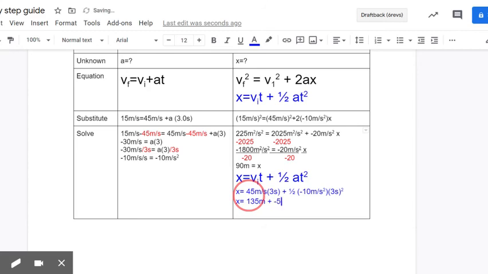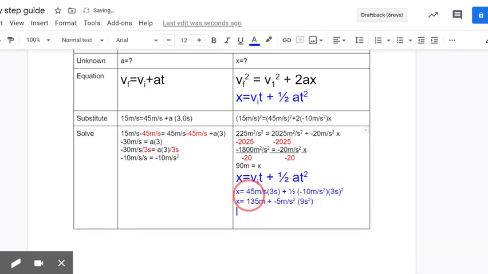But let's show those steps. I did the half first. 3 squared is 9. So I'm going to do 2 algebra steps in one.